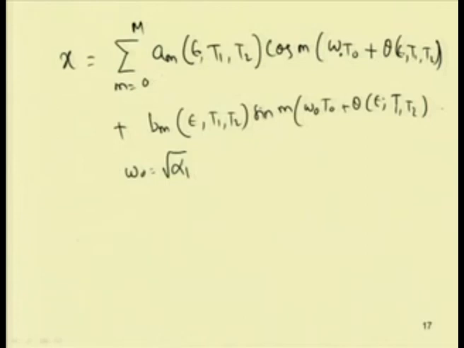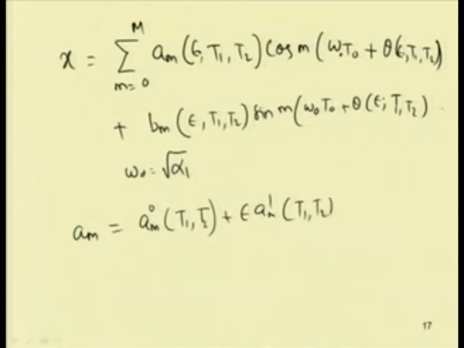So, here this AM can be written by using this epsilon. We can write AM equal to AM 0, and this AM 0 is not a function or a parameter of epsilon. So AM can be written as AM 0 T1 T2 plus epsilon AM 1 T1 T2 plus epsilon square AM 2 T1 T2 plus higher order terms.